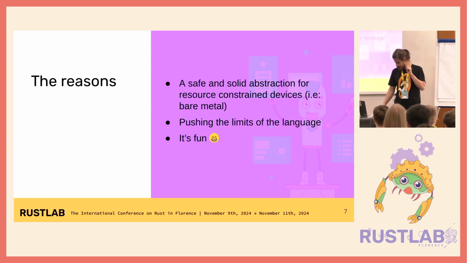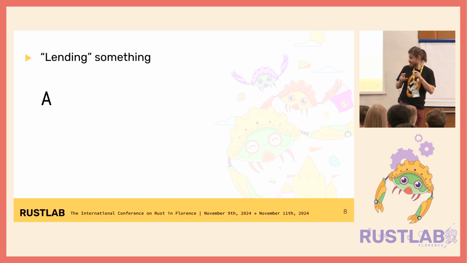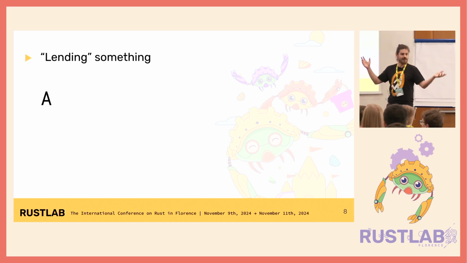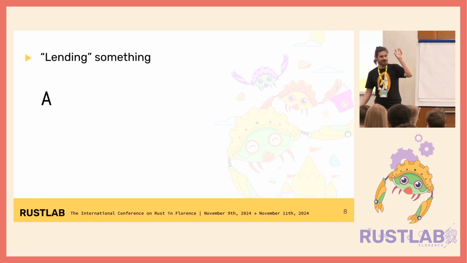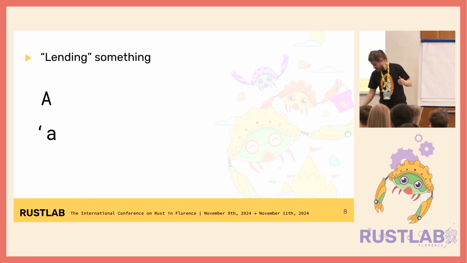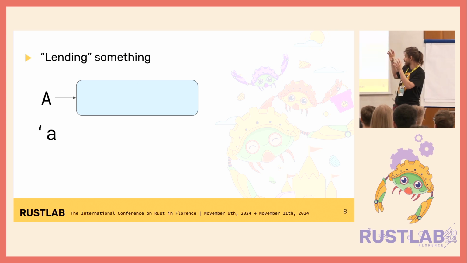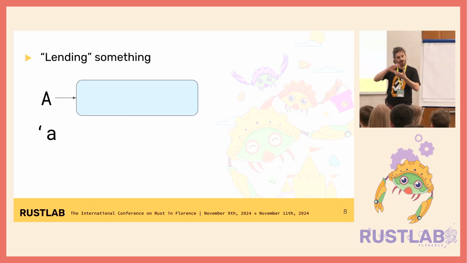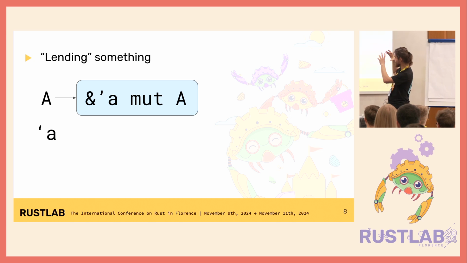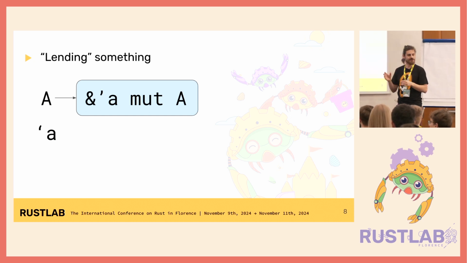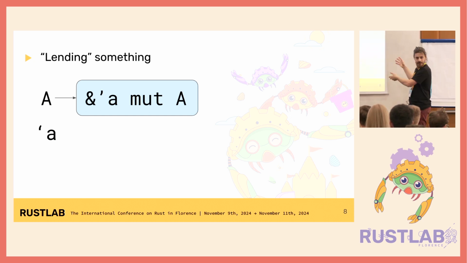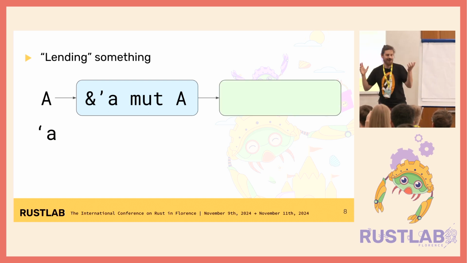The lending concept. Let's try to analyze that in a better way. You have something A. Let's say that this A has a lifetime 'a, okay? We want to create this blue rectangle that takes not the ownership, but the borrowing of the A. So we have this blue rectangle with a lifetime 'a, mutable reference to A. Let's say that this blue rectangle has a method associated that wants to create another rectangle, a green rectangle.